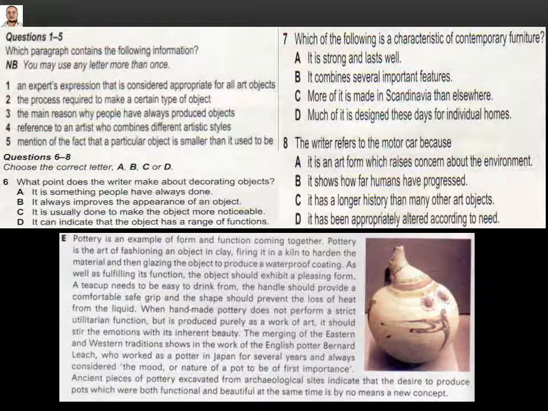A teacup needs to be easy to drink from. The handle should provide a comfortable, safe grip, and the shape should prevent the loss of heat from the liquid. When handmade, pottery does not perform a strict utilitarian function, but is produced purely as a work of art.